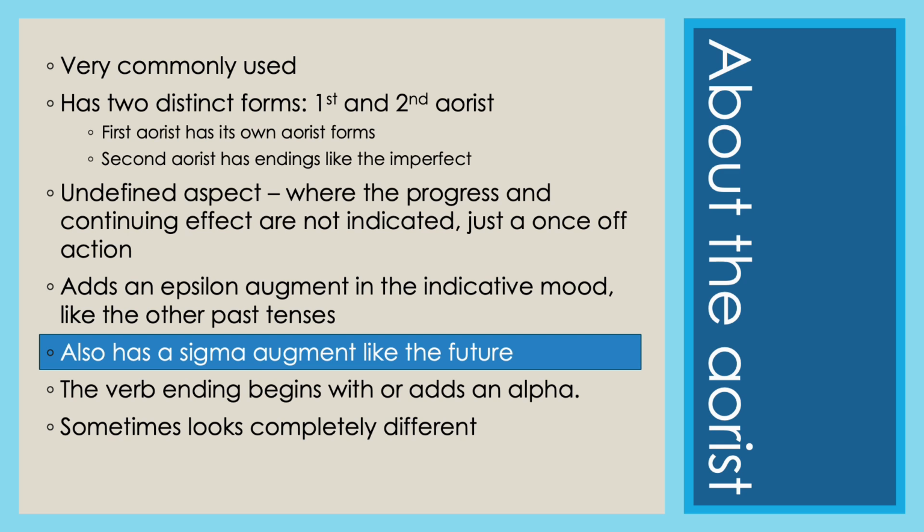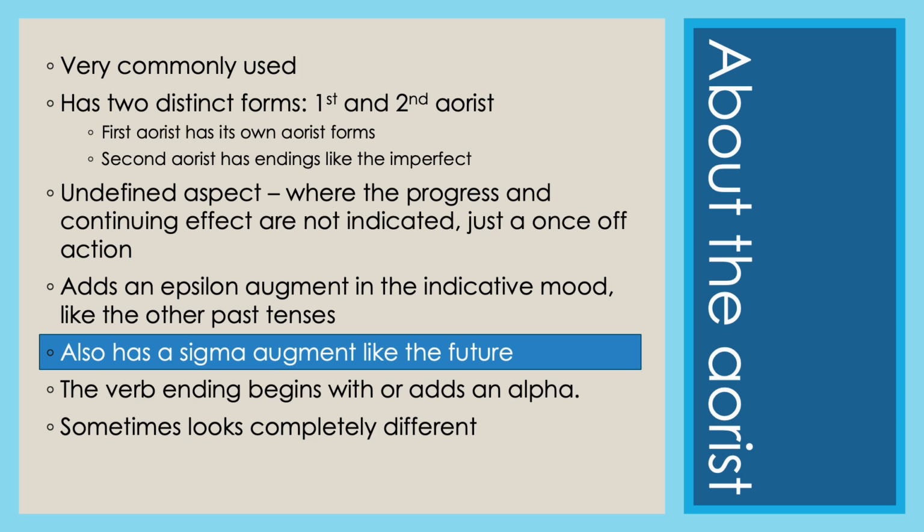The aorist tense also has a sigma augment, like in the future. So the imperfect has an epsilon, the future has a sigma at the end of the stem and the beginning of the ending, whereas the aorist has both. And in the first aorist, it also has that thematic alpha.